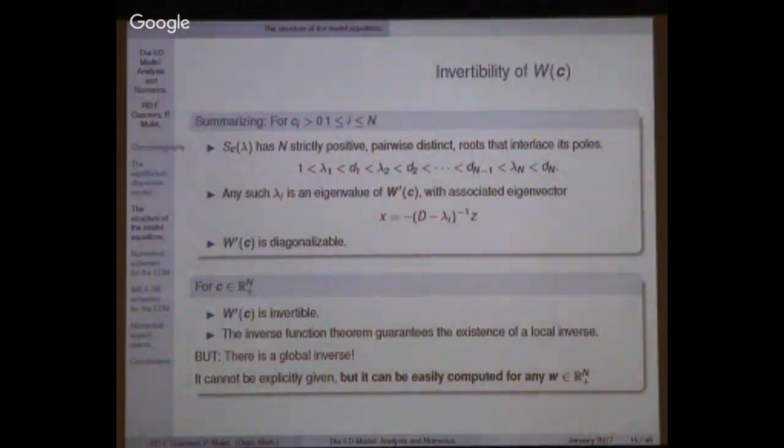Then this matrix is diagonalizable. Now, as I told you before, if some of the components are 0, but not all, we can deduce that the Jacobian is invertible. And the inverse function theorem then guarantees the existence of a local inverse, which in fact is global.